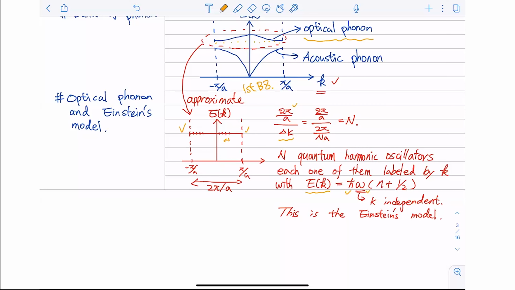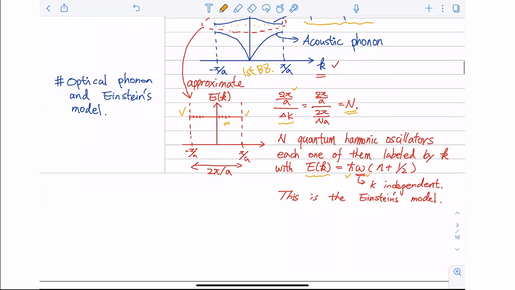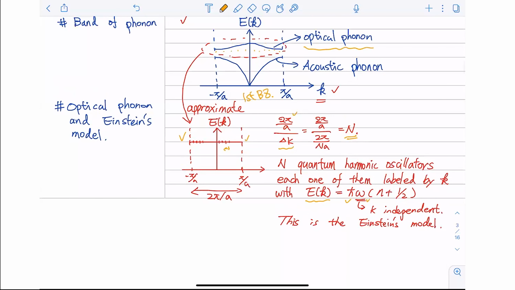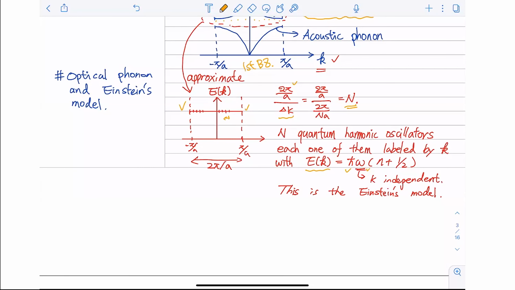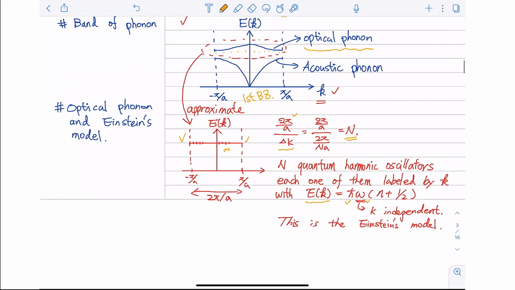So you can see that there are actually N modes within this first Brillouin zone. So we have a rough idea about what optical phonon is, and basically Einstein's model can be a good approximation for the optical phonon if the dispersion of the optical phonon is not too large.